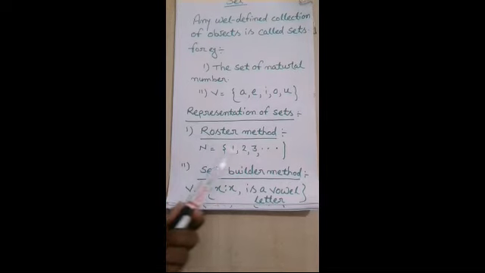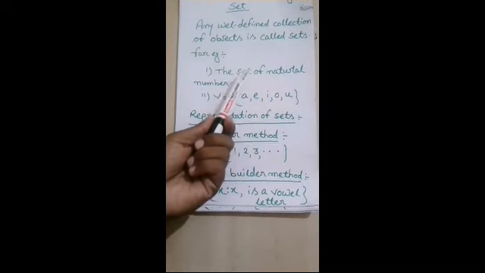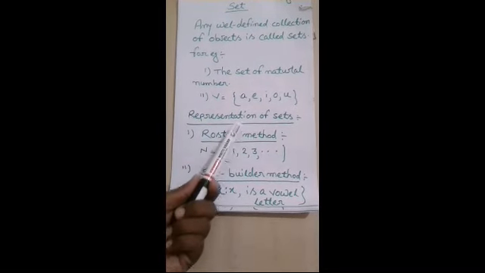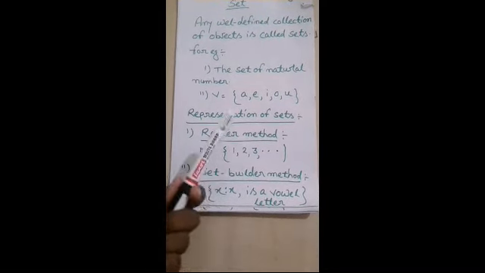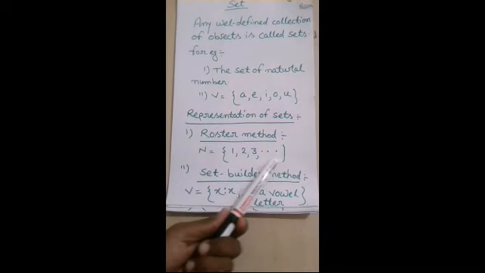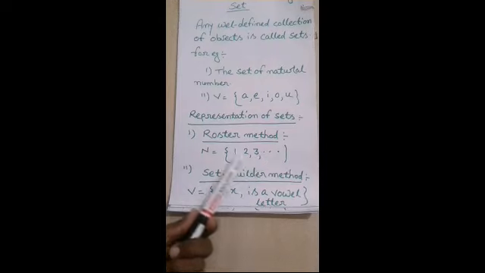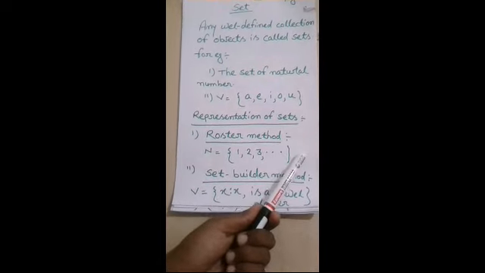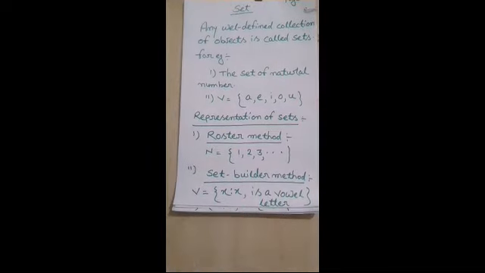I have written the natural numbers here, where we got the set of natural numbers. This can be represented like this in roster method. So in roster method we write the elements in curly brackets with commas. If the number of elements is uncountable, then we give dot dot dot. It will not finish.